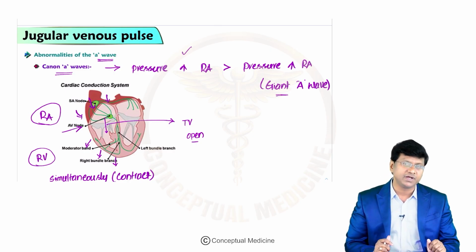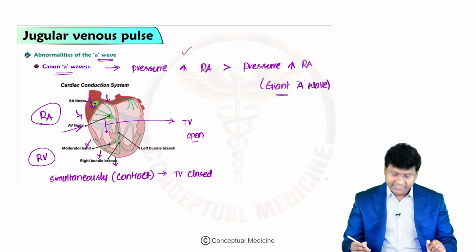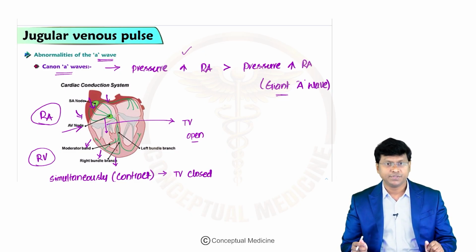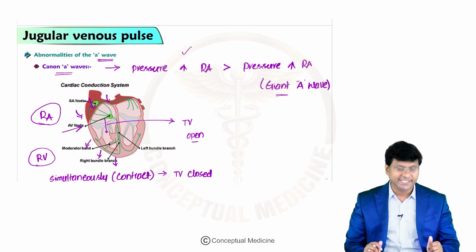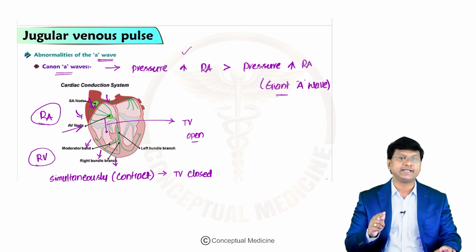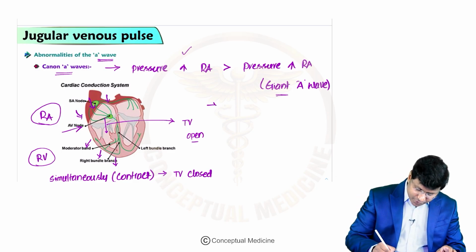When both of them are contracting simultaneously, the tricuspid valve will be in a closed state. You understand that? So where will you get that clinical scenario? You will get that particular clinical scenario in patients with complete heart block.